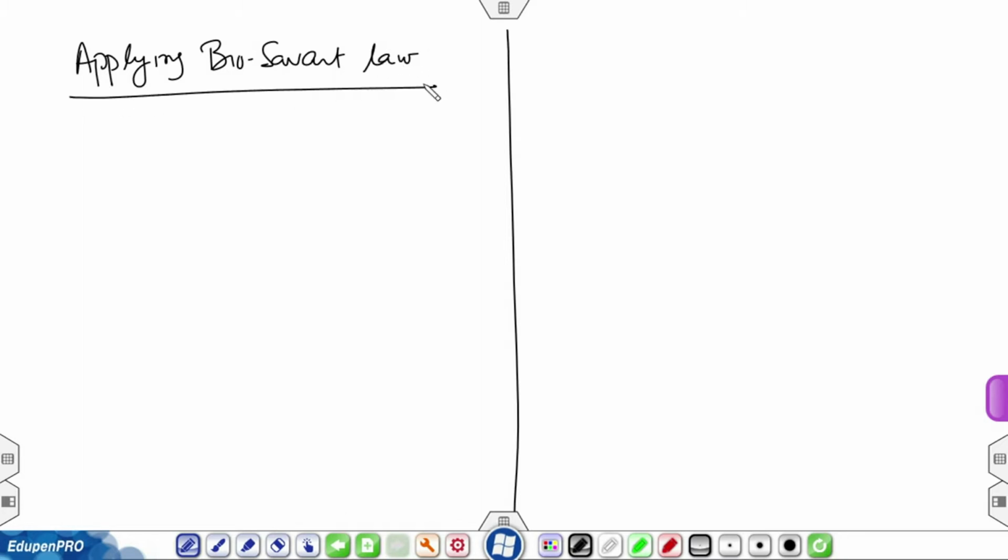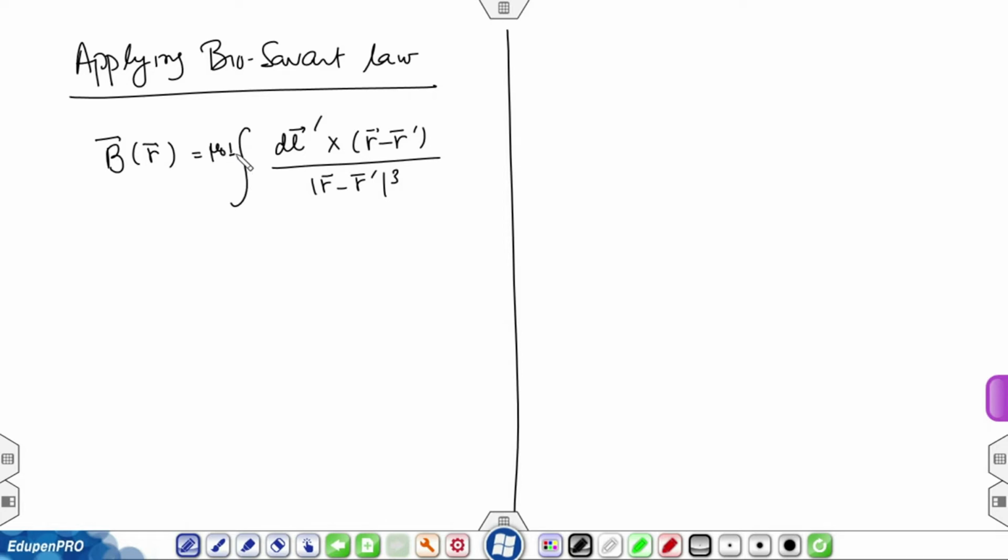So, in applying Biot-Savart law, how would I calculate B? I would calculate B at some point r as integral dl prime cross r minus r prime over r minus r prime cubed mu 0 I over 4 pi, and I need to calculate this integral.